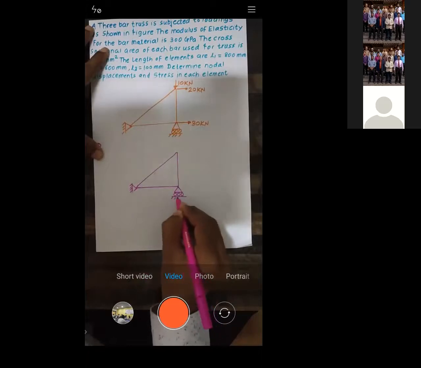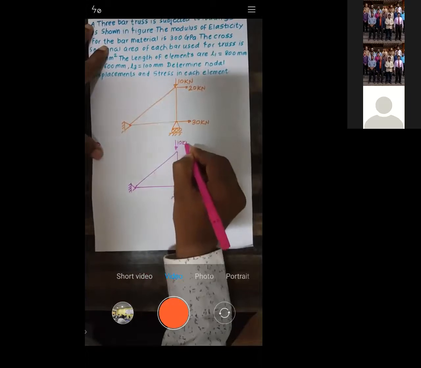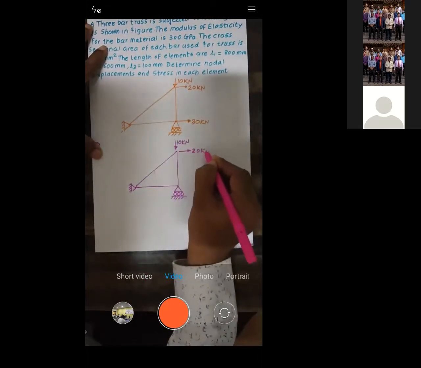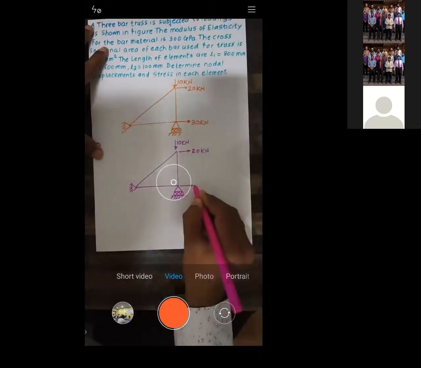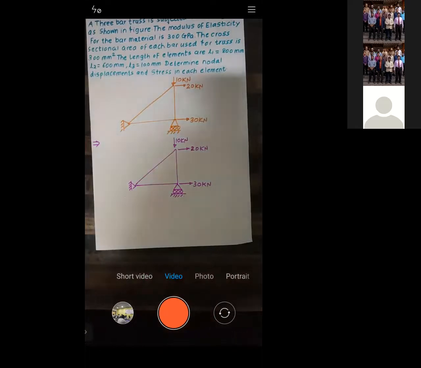This is a roller. Here they applied the load 10 kilonewton. In the diagram we need to assign the nodes and the elements, so that is the reason I'm redrawing the diagram.